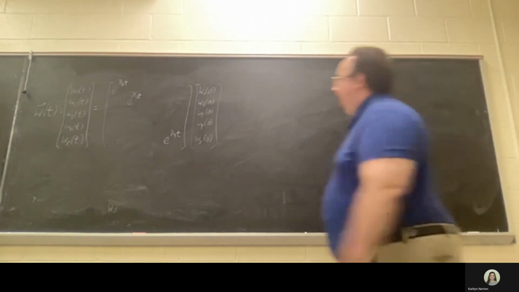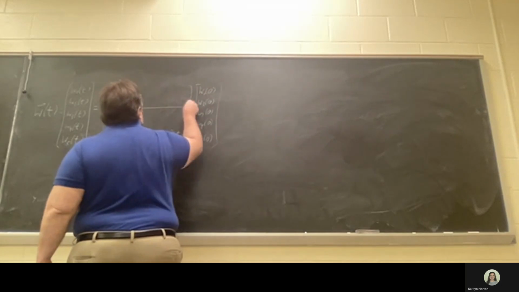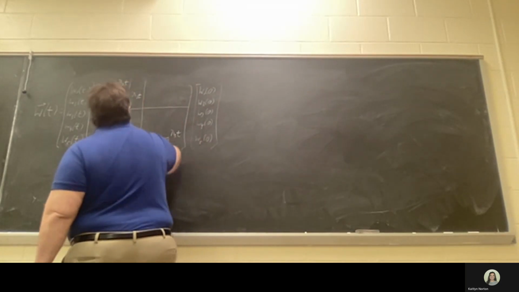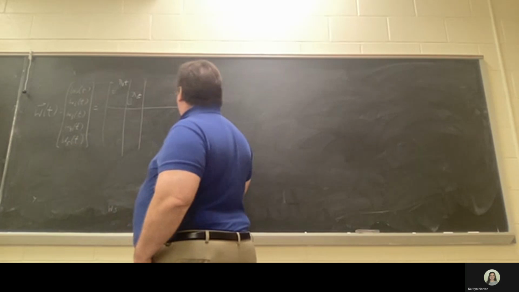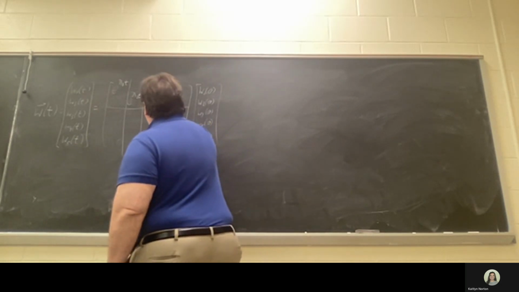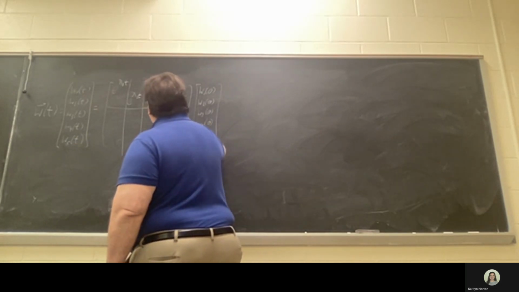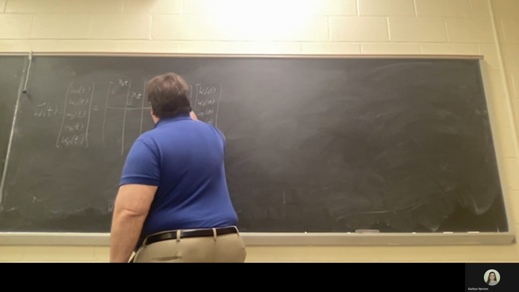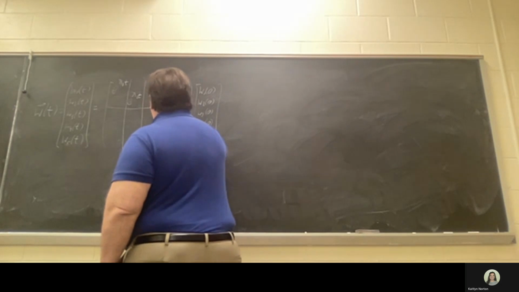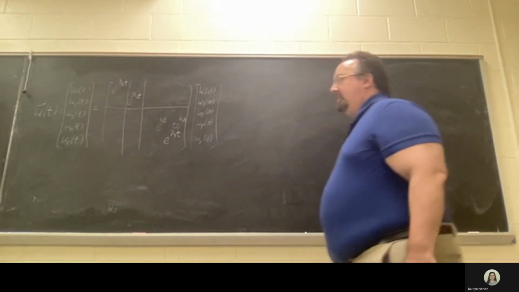But now I'll section off the Jordan blocks again. For W4, we'll have e to the lambda 3t on the diagonal, and then t e to the lambda 3t on the super diagonal.